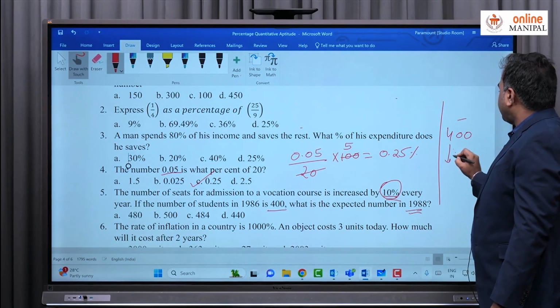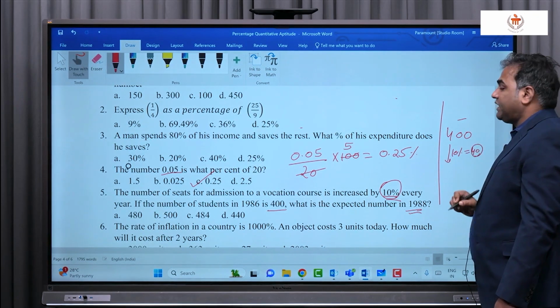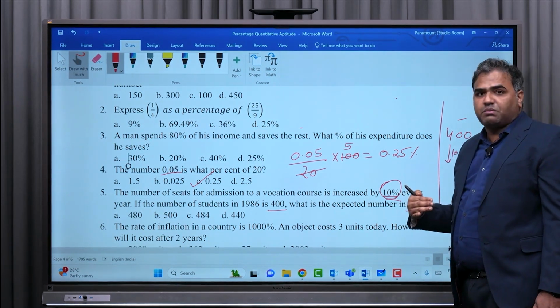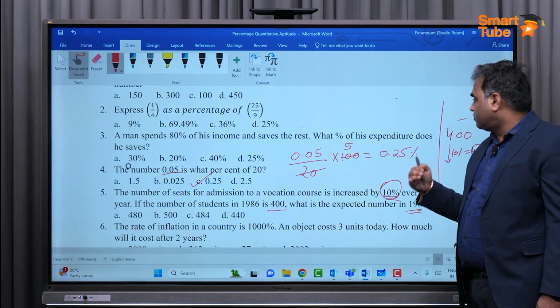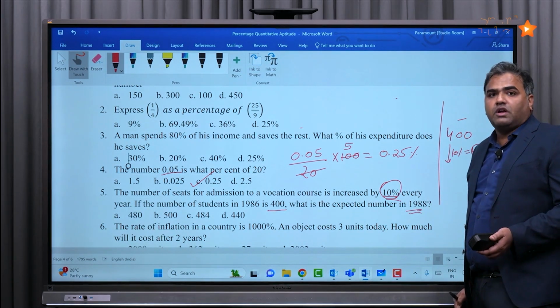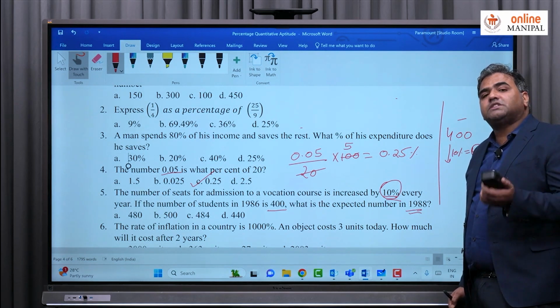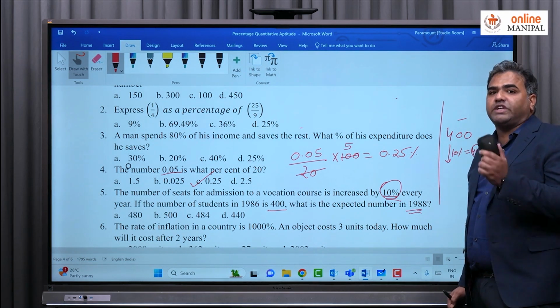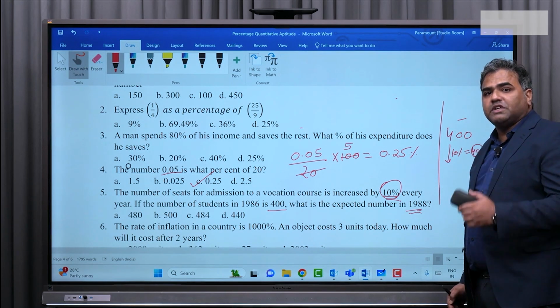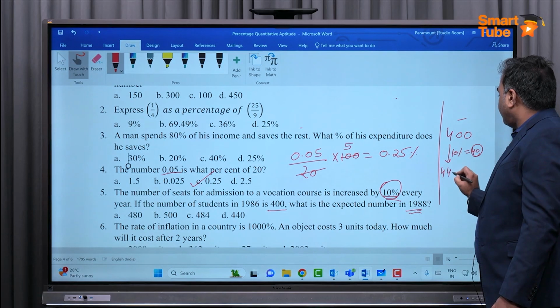If it increased by 10%, what is 10% of 400? That would be 40. 1% of 400 would be 4, 10% of 400 would be 40, 15% of 400 would be 40 plus 20, 60. So next year it will become 440.